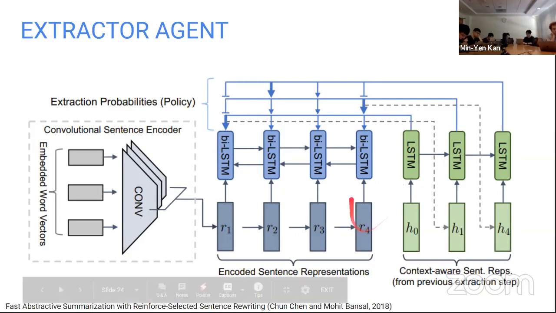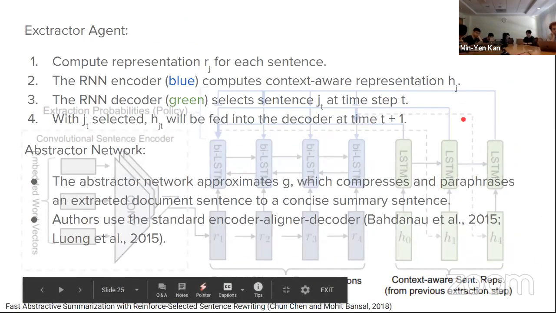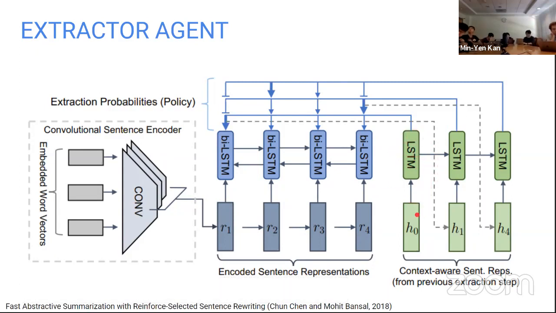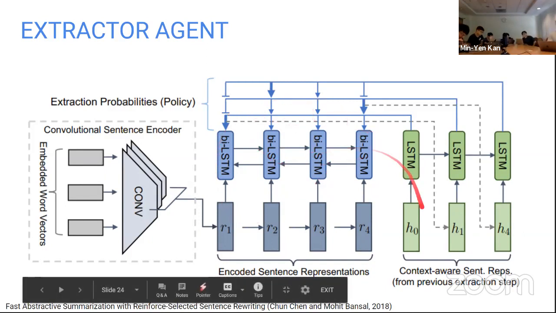What this LSTM does is basically choose a sentence at each iteration that will be included in the summary. But what we are not clear about is that this LSTM decoder's output is also being fed to the BiLSTM to create the next context-aware representation.